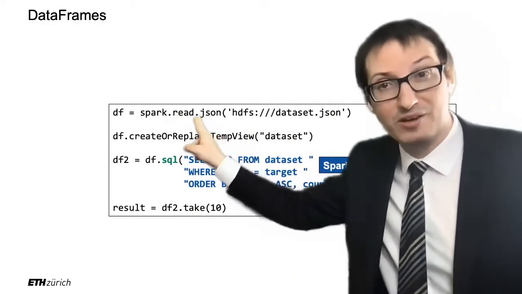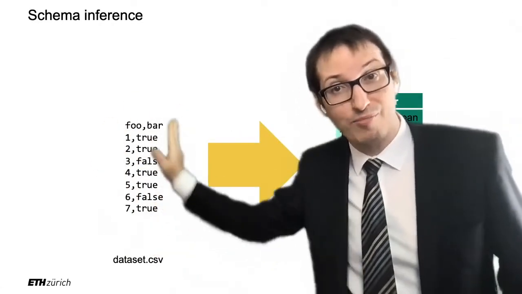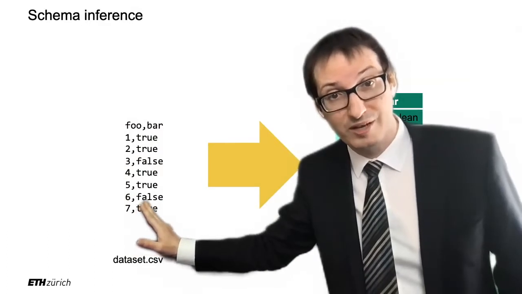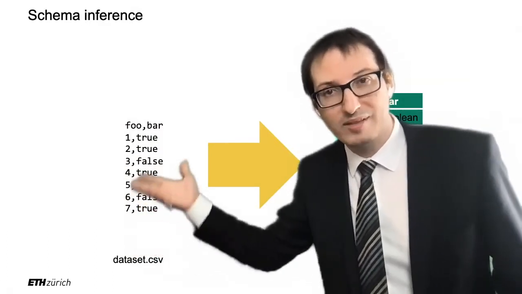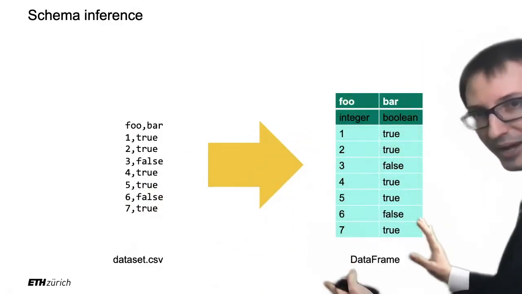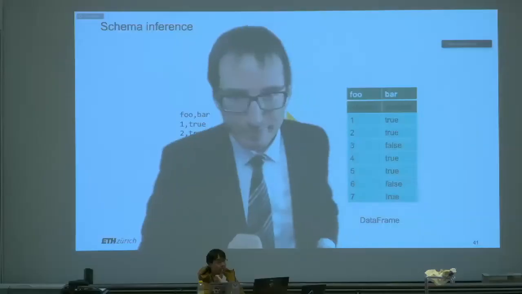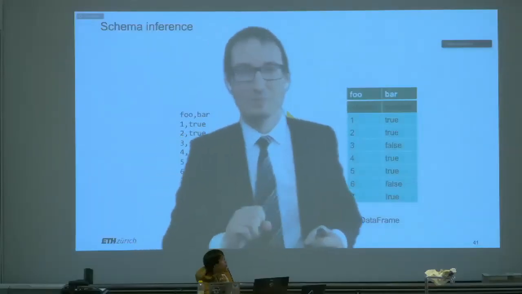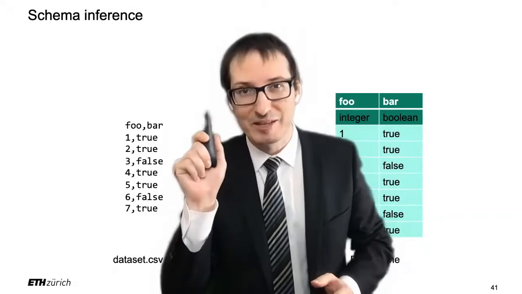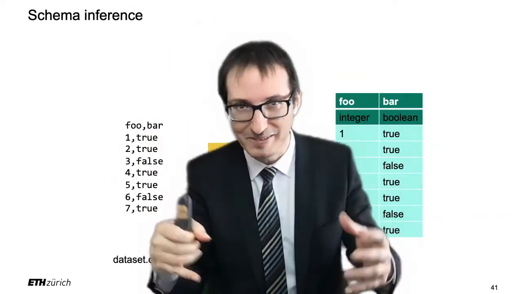So here it's read JSON, but there's also read CSV and so on. Here's a CSV file. Let's assume we have plenty of CSV files stored on HDFS or on S3. If I read them as a data frame, Spark will automatically build the data frame right there that you can then manipulate with SQL. But with JSON, we have trees. Absolutely. But do you remember that trees mean nestedness, right?